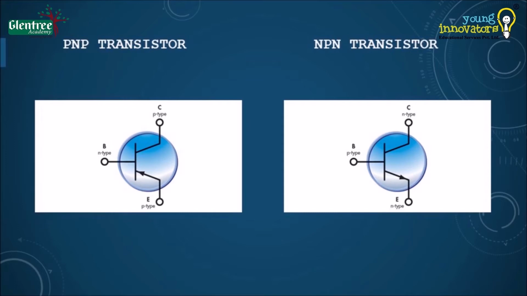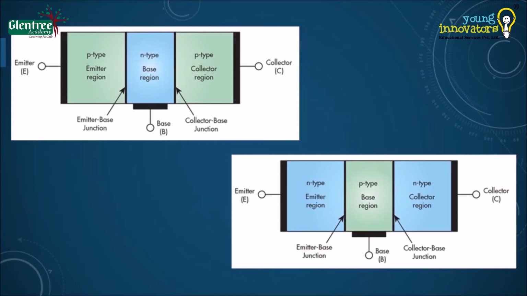So this tells that in a PNP transistor the current flow path is towards the base, and in an NPN transistor the current flowing will be towards the emitter. In a PNP transistor, the collector will be connected to the positive terminal of the battery, and in an NPN transistor, the collector will be connected to the negative terminal of the battery.